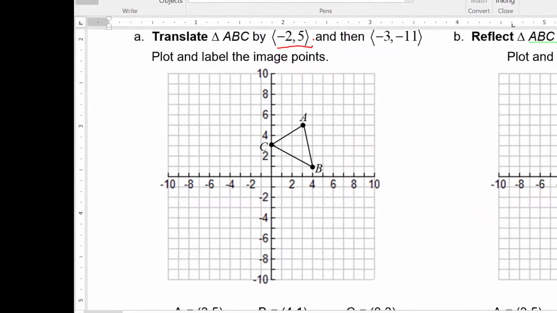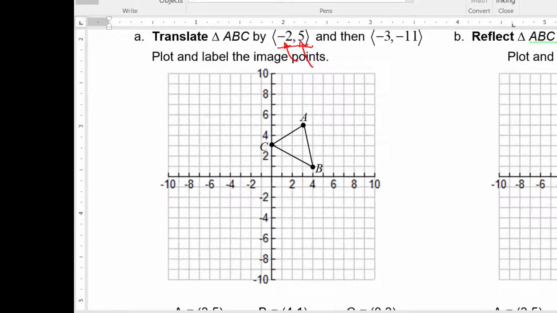-2, 5. This is called vector notation, which basically means that you're going to take each of the points and move -2 in the x direction, +5 in the y direction. That'll give you a magnitude and a direction for our vector.